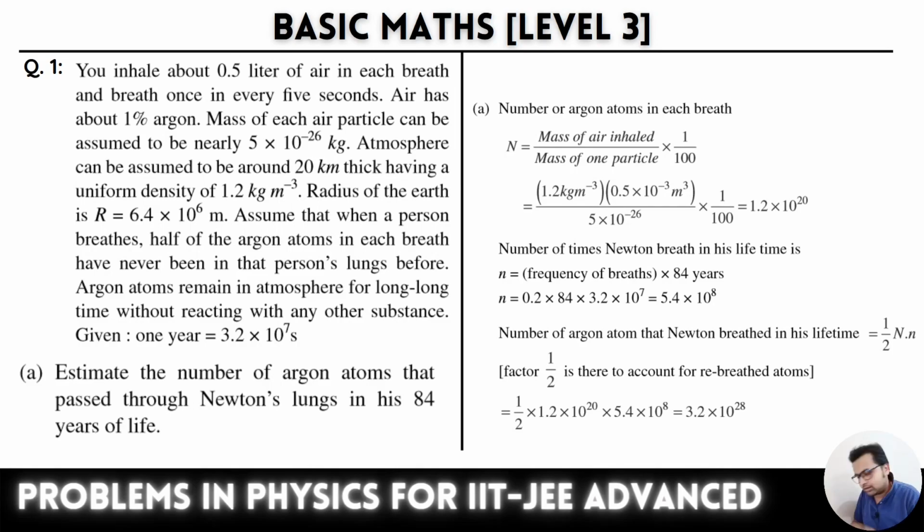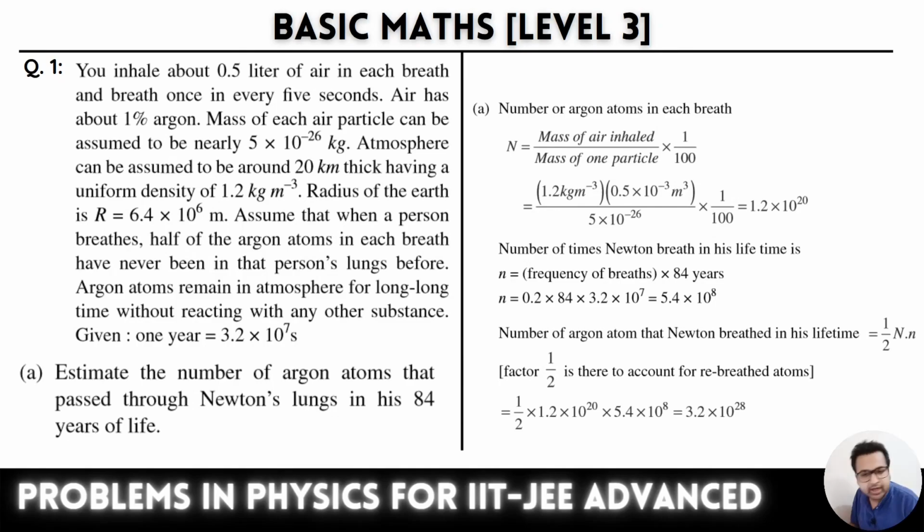Now we have to calculate how many argon atoms he inhaled during each breath. This is a very interesting part. First, let's calculate the mass of air inhaled by him in one breath.